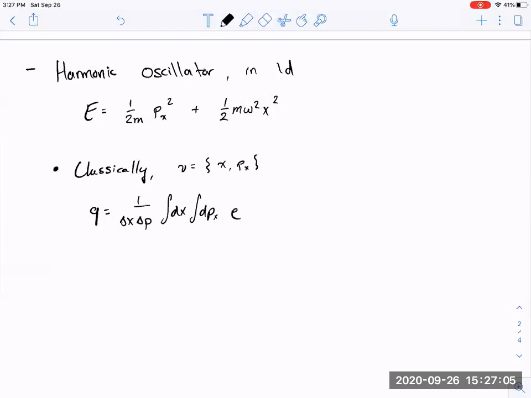And now I have my Boltzmann factor, with beta times 1/2 m omega squared x squared, there's the potential energy piece, and beta times p_x squared over 2m. Now, that exponential of a sum is a product of exponentials.